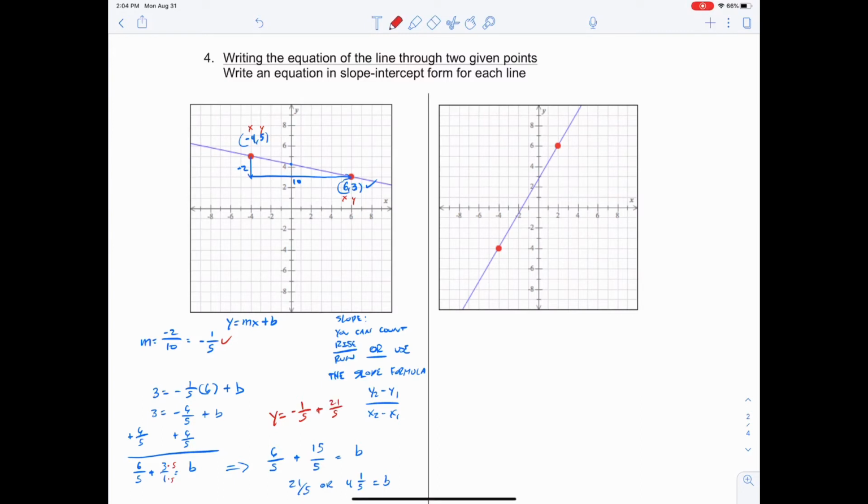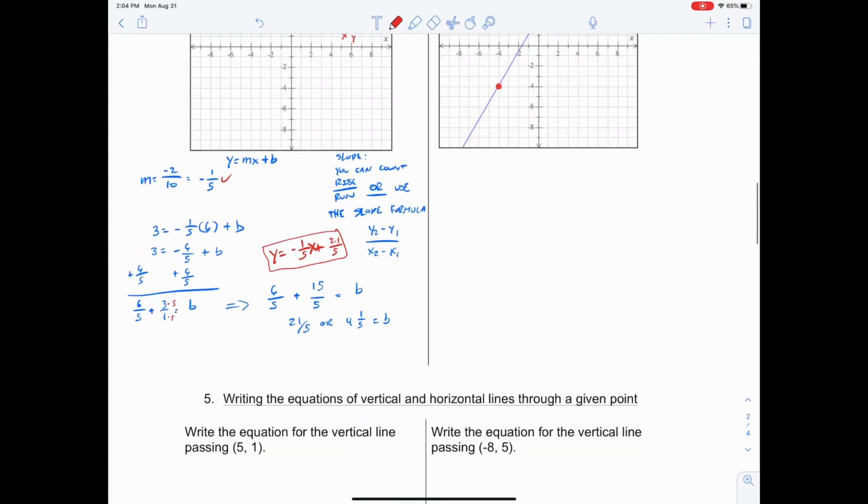So our y-intercept is 0, 4 1/5, or you can put it as 21/5, whatever works for you. And there we have it. Oh, you know what? There is a little mistake here. I forgot the x. So hopefully you were shouting at me, put the x! Negative 1/5 x plus 21/5. That is a good point to always check your work at the very end so you don't leave anything out.